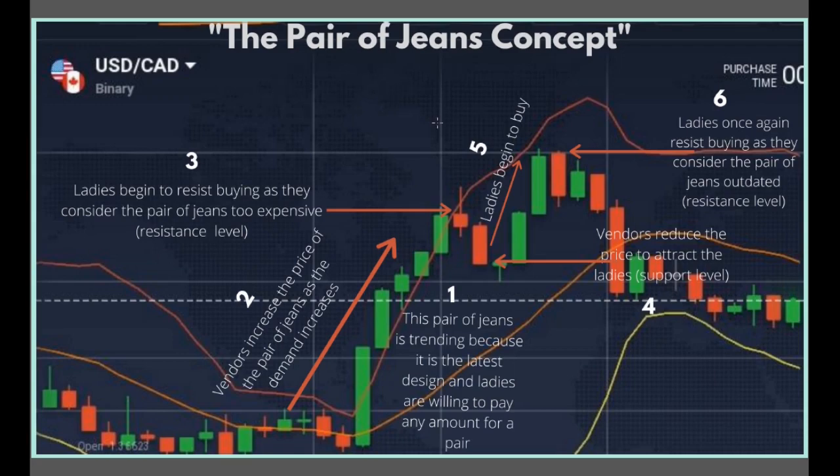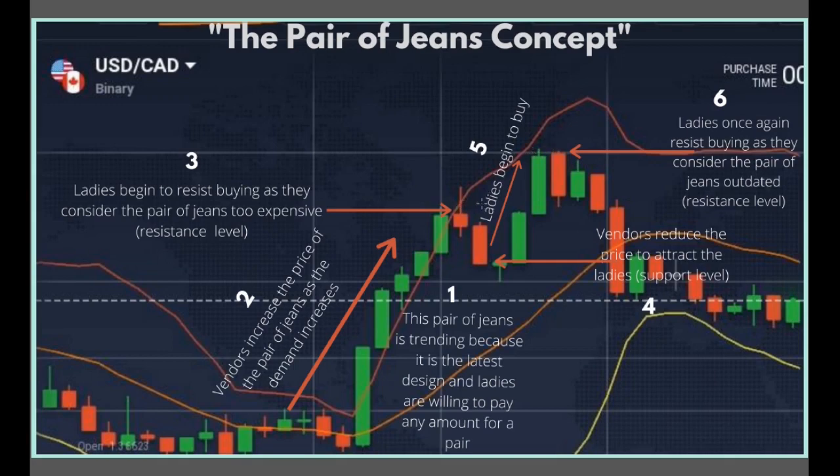Even the reduction in price could not stimulate more sales. So the price of the pair of jeans crashed. From that resistance level, you can see what happened to the price of the pair of jeans.